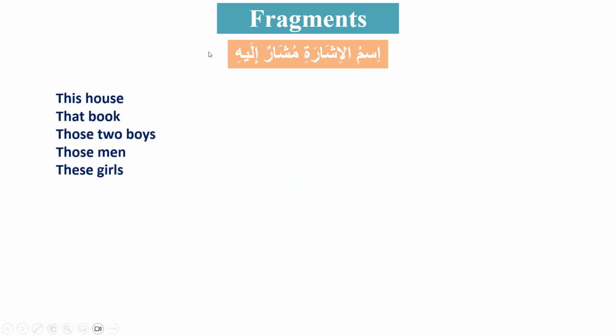All right, let's go to the next slide. Now we are talking about Ismul Ishara and Musharun Alayh together. This book, that book, those. There are a few fragments written here.